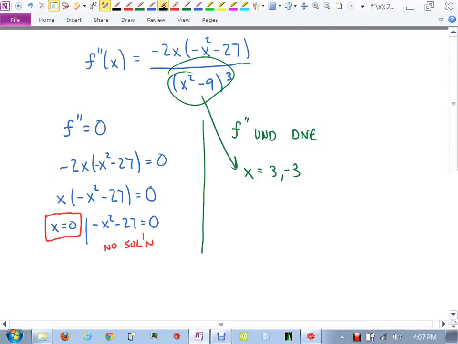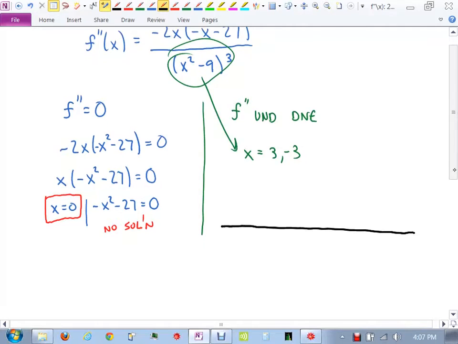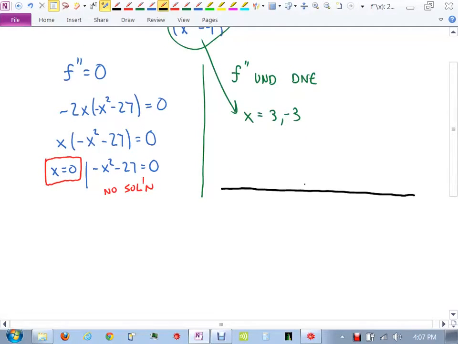Are we ready for a number line? What goes on this number line? 0, 3, negative 3. You can see why you're probably only going to have like one of these on your test, on your final.